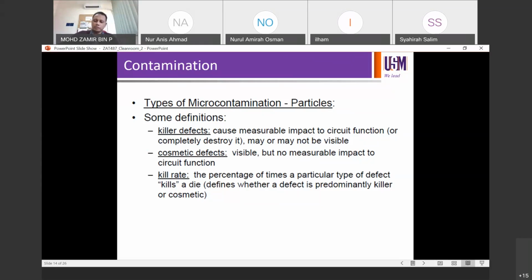This particular defect, which we call the circular defect in the lithography process, if you have one count, the equipment and process are shut down. Done. What does shutdown mean? When you have that one defect, the process and equipment shut down. It cannot run anymore. So what do you do?